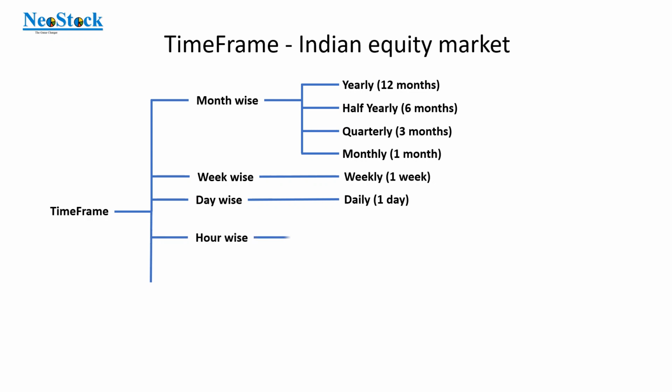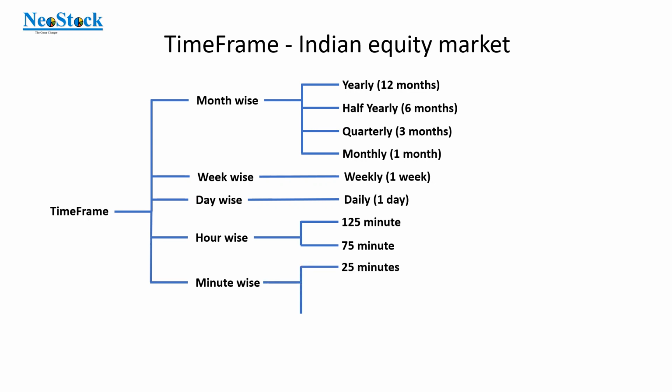In hour wise, we are using two types. The first one is 125 minutes, which is equivalent to 2 hours, and the next one is 75 minutes, which is nearly equal to 1 hour. And minute wise, instead of 30 minutes, we are using 25 minutes in the Indian stock market.